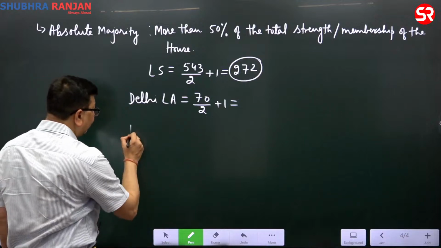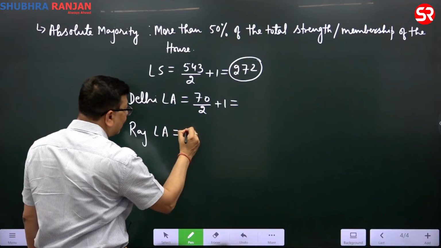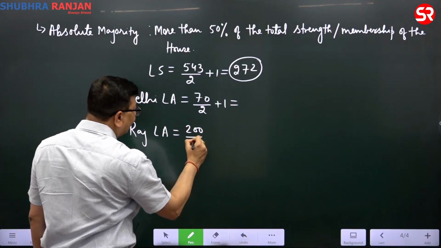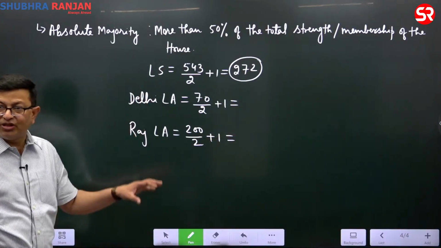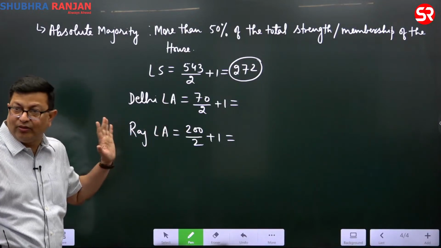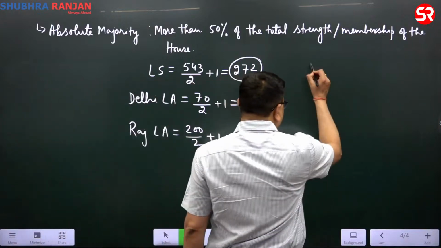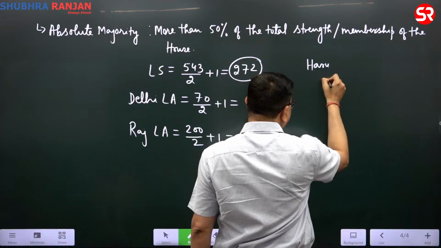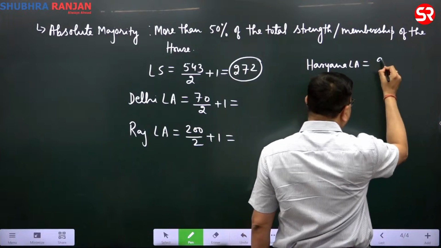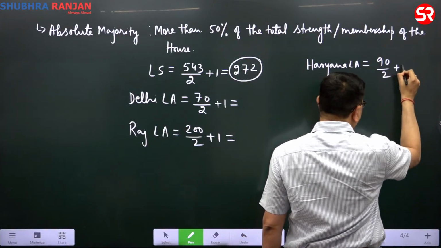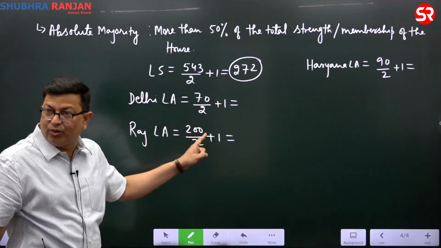Then in the Rajasthan Legislative Assembly, it will be 200 divided by 2 plus 1. So in whichever House the majority is required, there it is divided by 2 plus 1, whether you are absent or present, it hardly matters. Then in the Haryana Legislative Assembly, it will be 90 divided by 2 plus 1. These are the total strength or membership of the House.